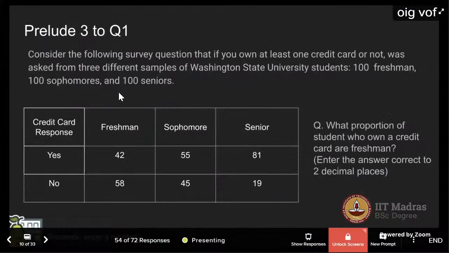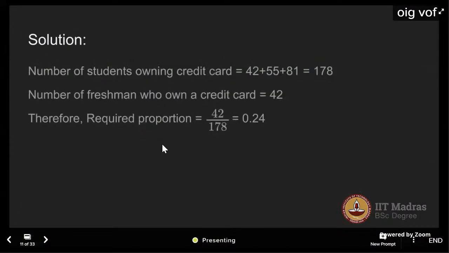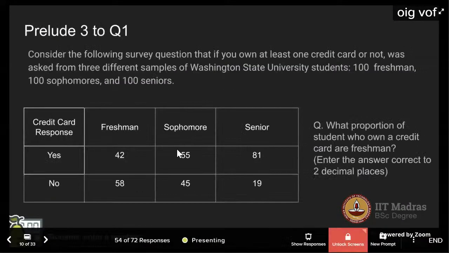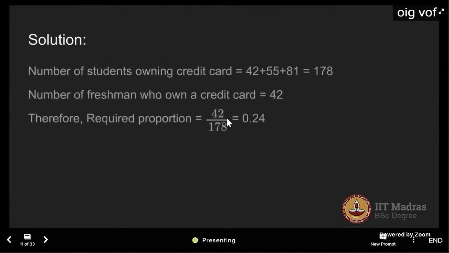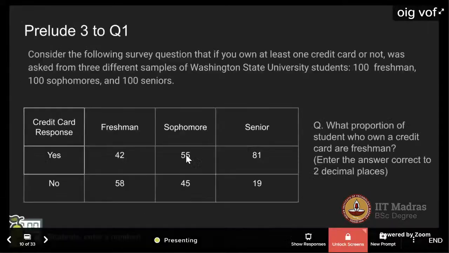So see, the number of students owning a credit card is just the sum of the first row: 45, 51, 81, and of which freshmen are 42. Sir, why is the total 178? Yeah, it's the total number of students who own a credit card. This is the sum of the first row, and of those, freshmen are just 42.